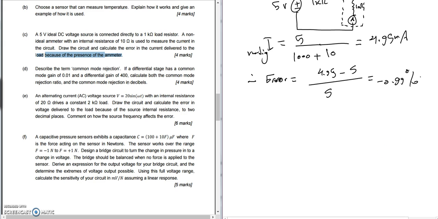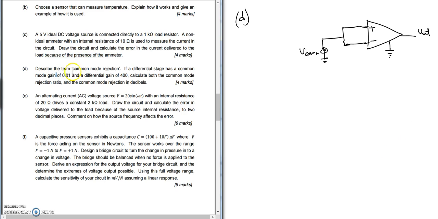That's it. Now for part D, it asks us to describe the term common mode rejection. So basically, common mode rejection is simply a measure of an op-amp's ability to reduce the unwanted signal. So say for example that this is an op-amp.